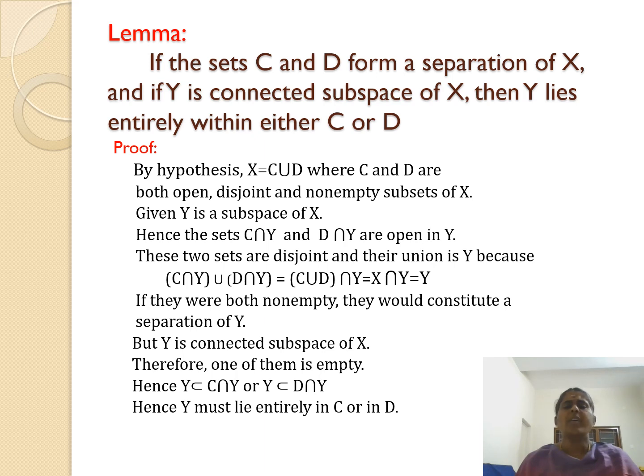Now suppose C intersection Y and D intersection Y were both non-empty. We know that both are disjoint because C and D are disjoint, and both are open sets, so we only have to check non-emptiness. If both sets are non-empty, then we can say that Y is separated by the definition of separation.